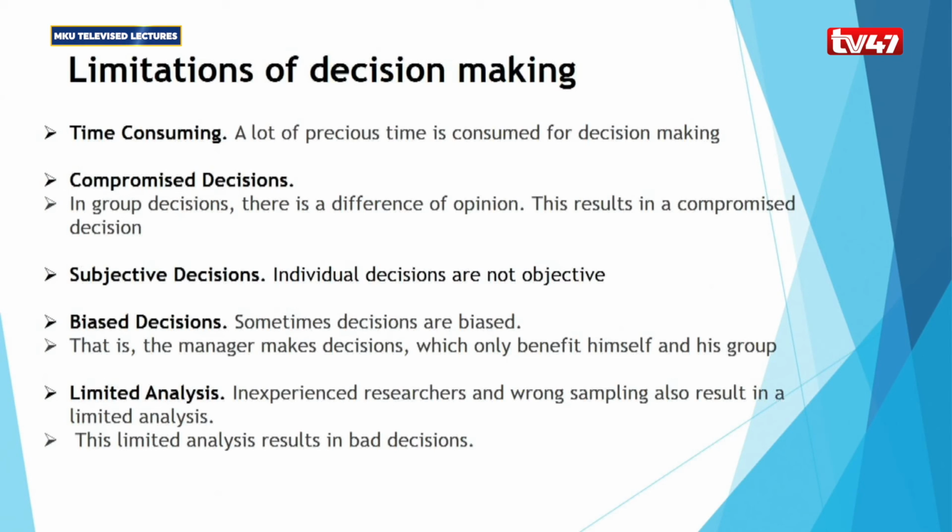2, second limitation is compromised decisions. This means that in group decisions, there is a difference of opinion. Not everybody has the same opinion, and this results in a compromised decision. 3, that limitation is subjective decisions.